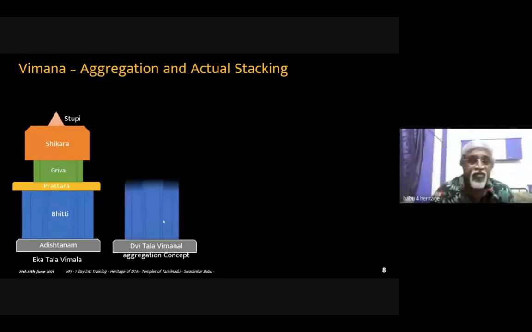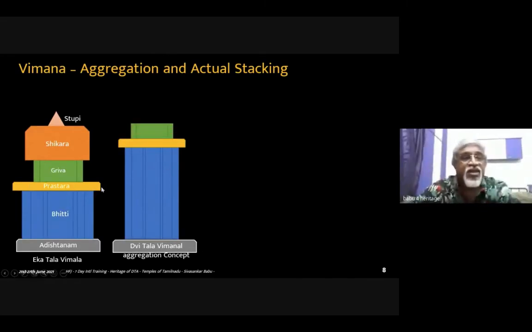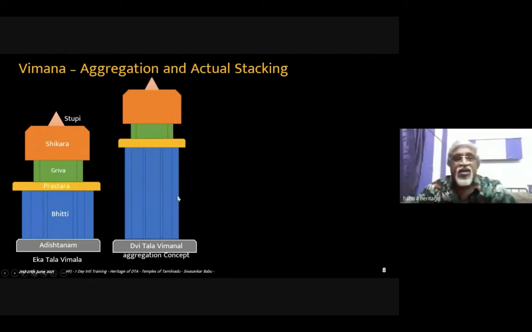The Dvitala temple. Now I have made it a bit taller. The Prastara is there, Griva is there, Shikara and Stupi. How odd it looks, ugly and not so beautiful. So this is not working out, and because of this, the center of gravity will go up. Here, the center of gravity is somewhere here, then it will be here.